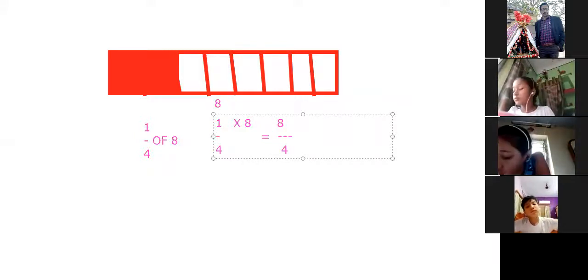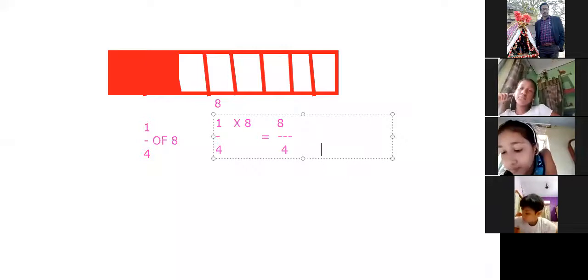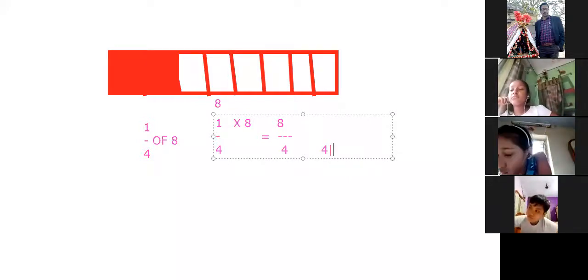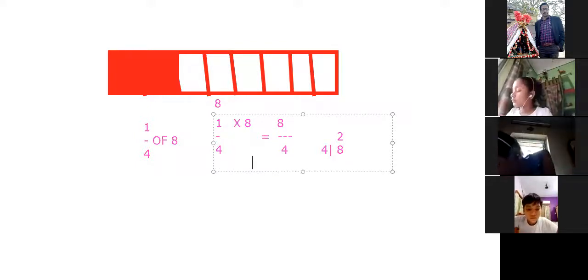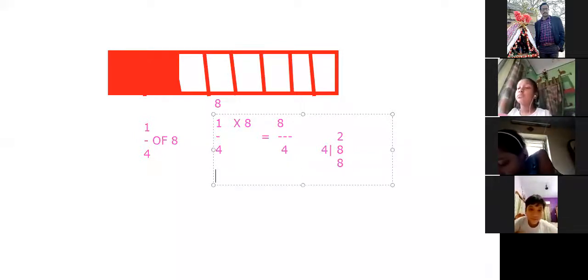Now if I divide this, 4 divides 8, and you get the quotient as 2. Check carefully, the quotient is the result. So 1/4 of 8 is how much?